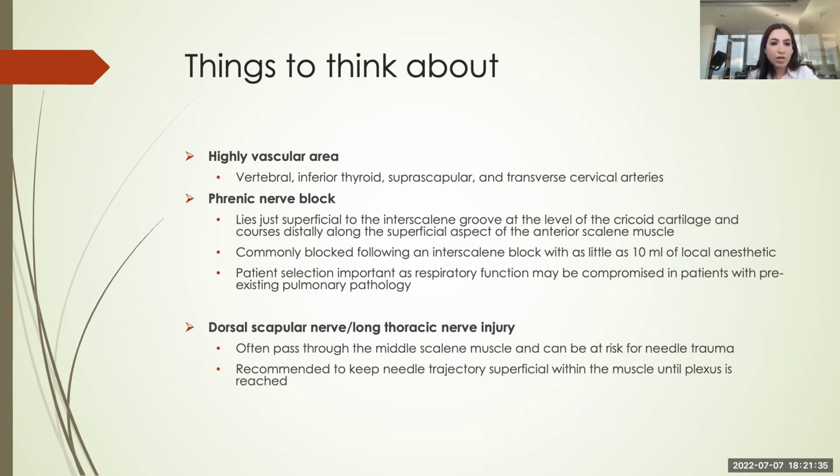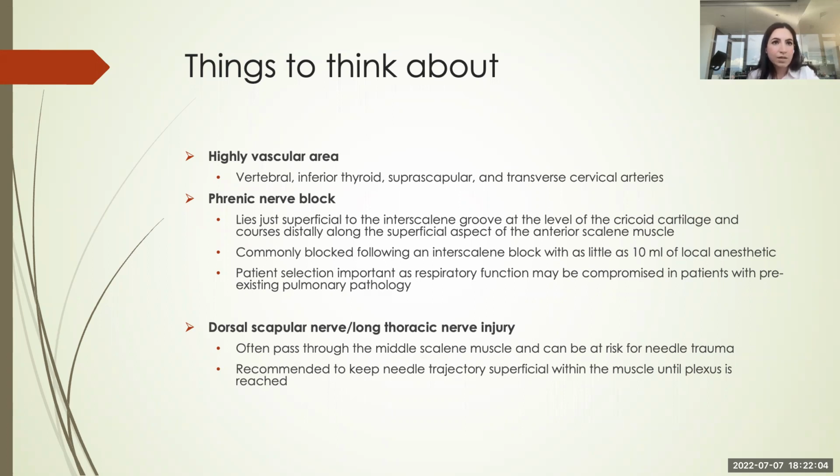We touched on the phrenic nerve block, the location of the phrenic nerve running along the superficial aspect of the anterior scalene muscle, so close to the brachial plexus, means that it's very commonly blocked with as little as 10 milliliters of local anesthetic. So patient selection becomes quite important when deciding to do this block.